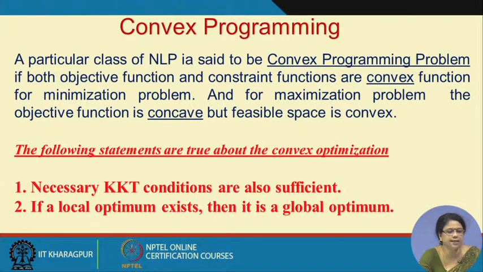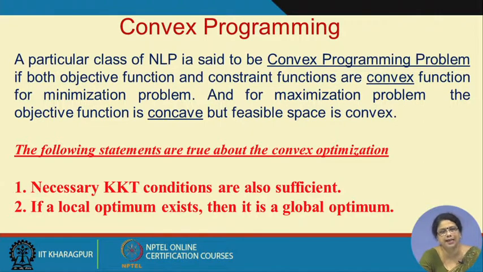Now, if the problem is not a convex optimization problem, that means for minimization, both are not of convex type, or for maximization, the objective function is not concave or the feasible space is not convex, if either of these conditions is violated, then we have to go through the process as we did.